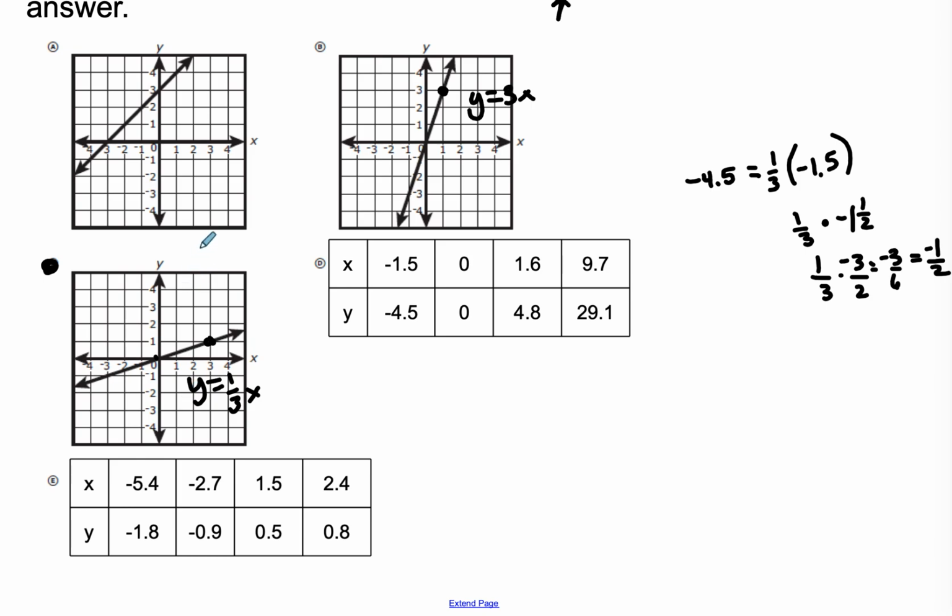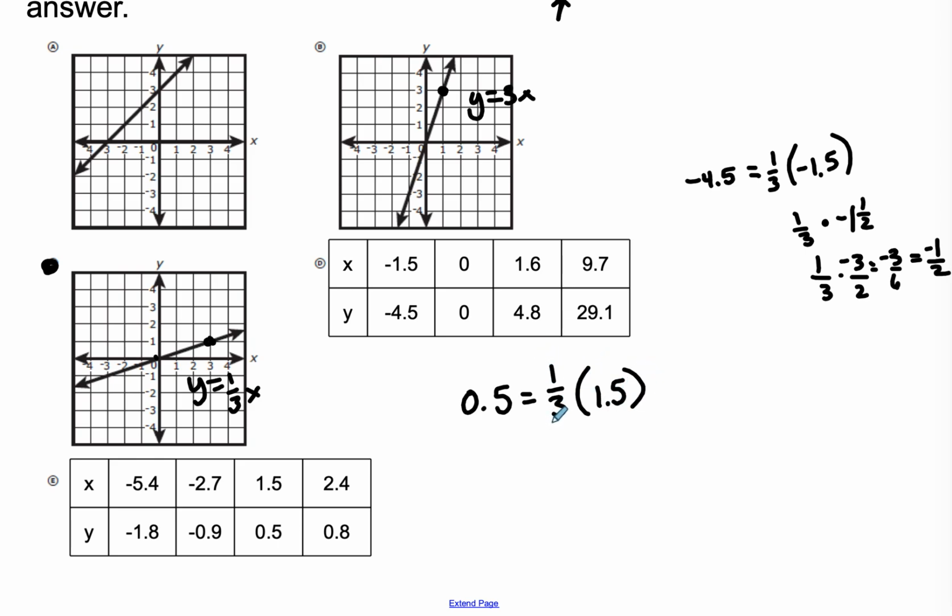Let's try E. All right, let's see. We've got 1.5 and 1/2. Let's do this one because we just did 1.5 over here. 1/2, or 5/10, equals 1/3 times 1.5.